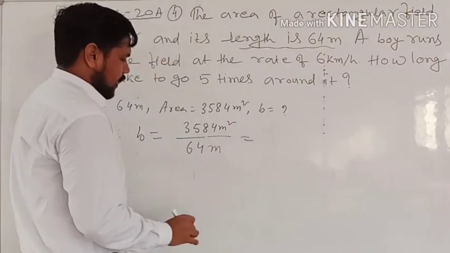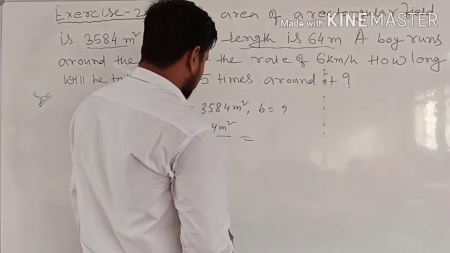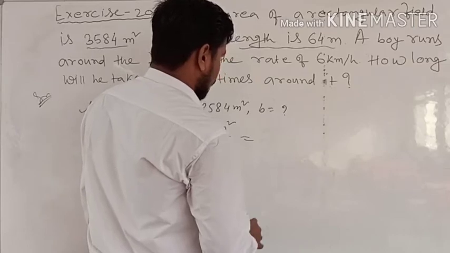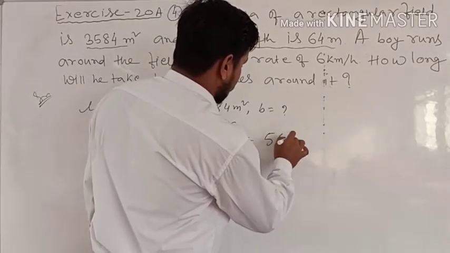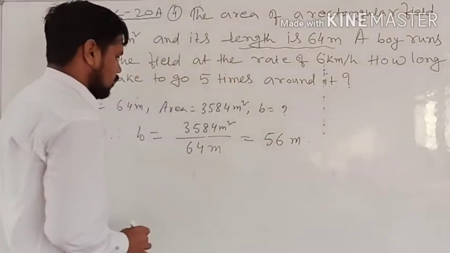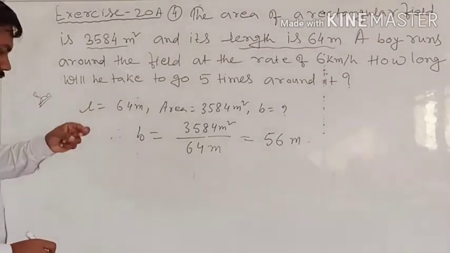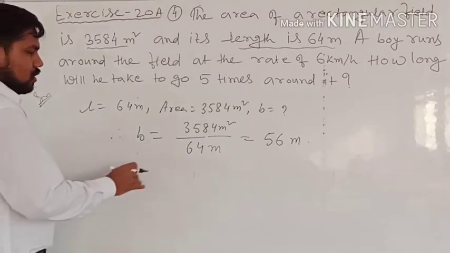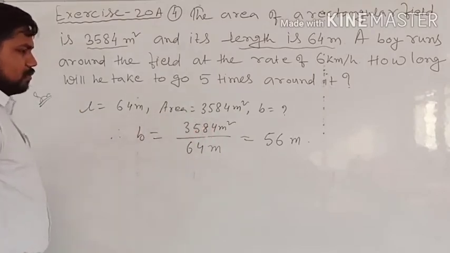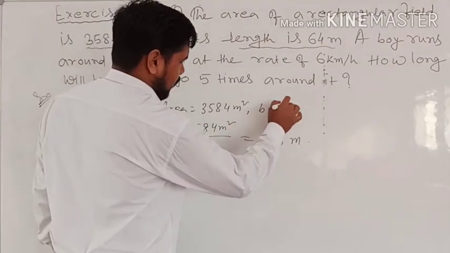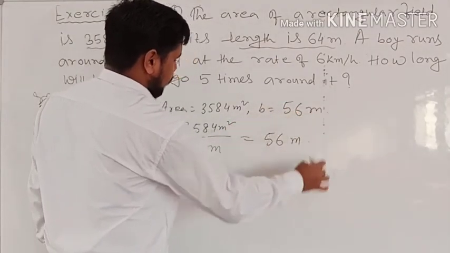So if you divide 3584 by 64, you will get 56 meter as the breadth. इसको cancel out कर लेना, इसको divide करना, 56 meter आ जाएगा इसका breadth. So we got the breadth now. अभी हमें breadth मिल गया 56 meter.